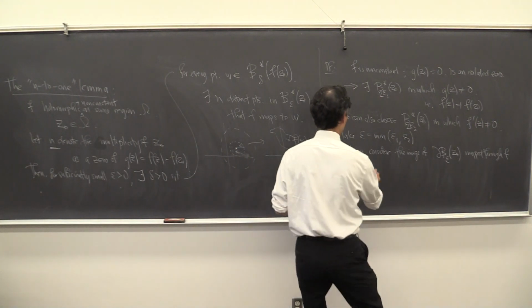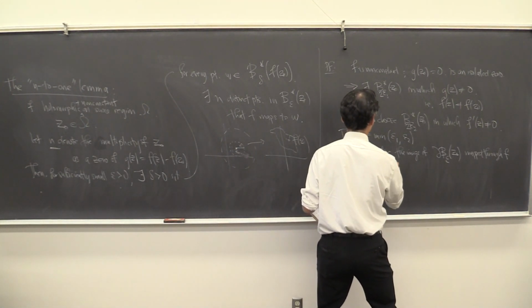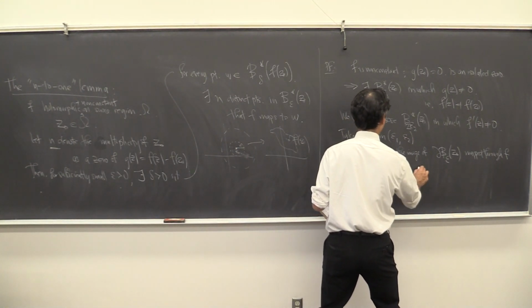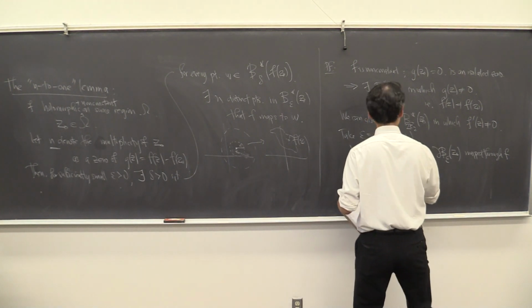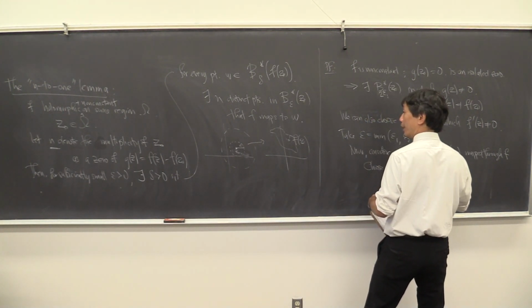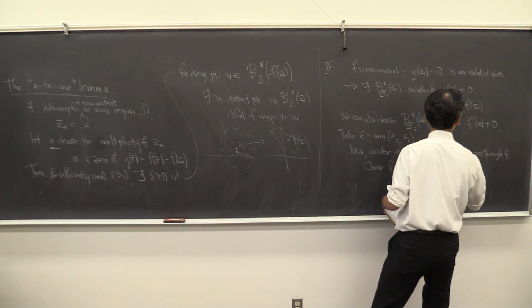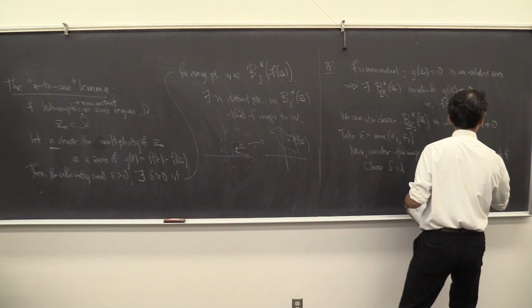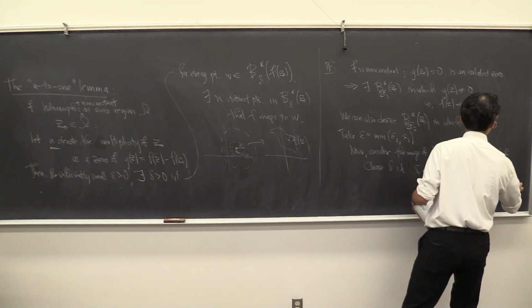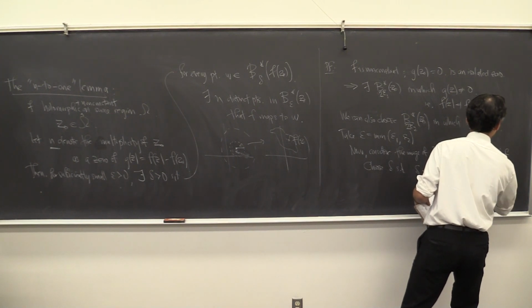So choose delta so that delta is smaller than the distance between f of z and f of z naught for all z on the boundary.